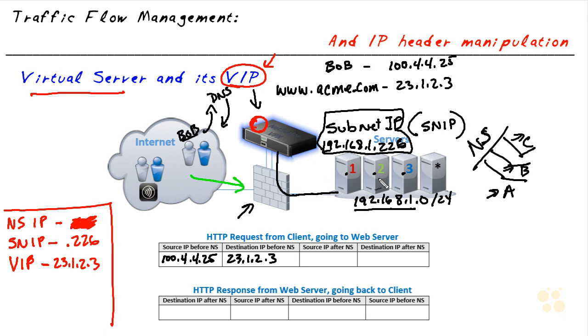For a web page, what's going to happen is this NetScaler is acting as a TCP proxy. So when Bob's request came in to the NetScaler, to the virtual IP, the NetScaler is going to turn around and build its own session, or possibly use an existing session to one of its servers.